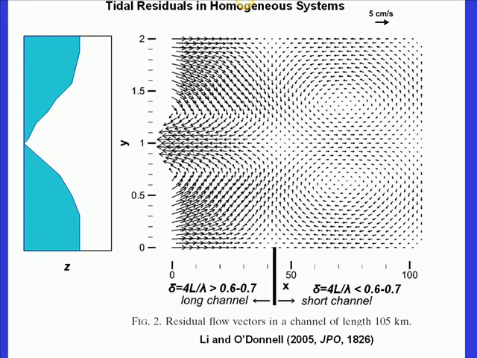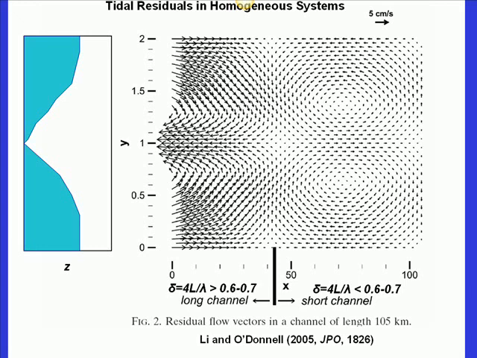And for a long channel close to the mouth, you're going to have the opposite pattern, net outflow in the channel, net inflow over the shoals. Remember, for the wind, we said we'd have downwind flow over the shallow parts and upwind flow over the deep part. That's for a triangular cross-section.